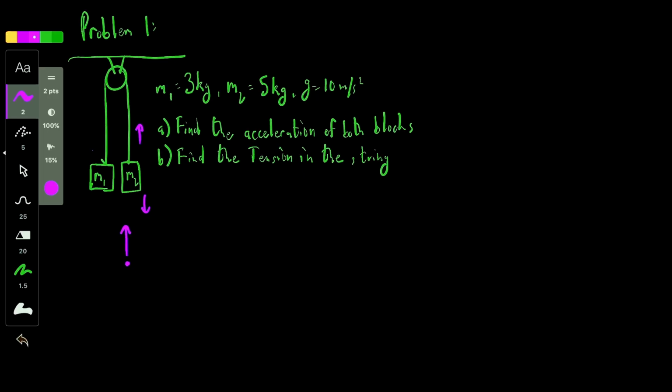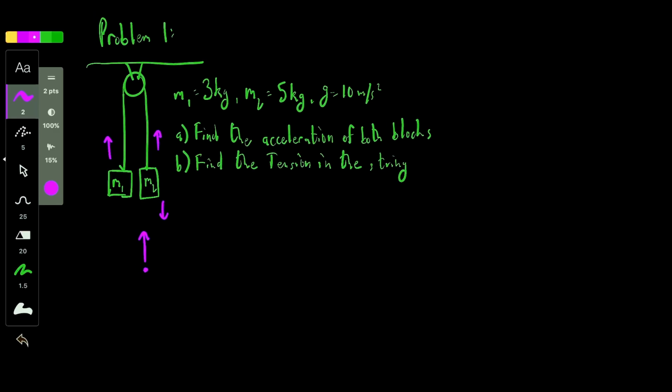So the tension would also be upwards over here. So this is our force T, and downwards is m1g, or the weight of the object. So now we know that the net force is equal to mass times acceleration.